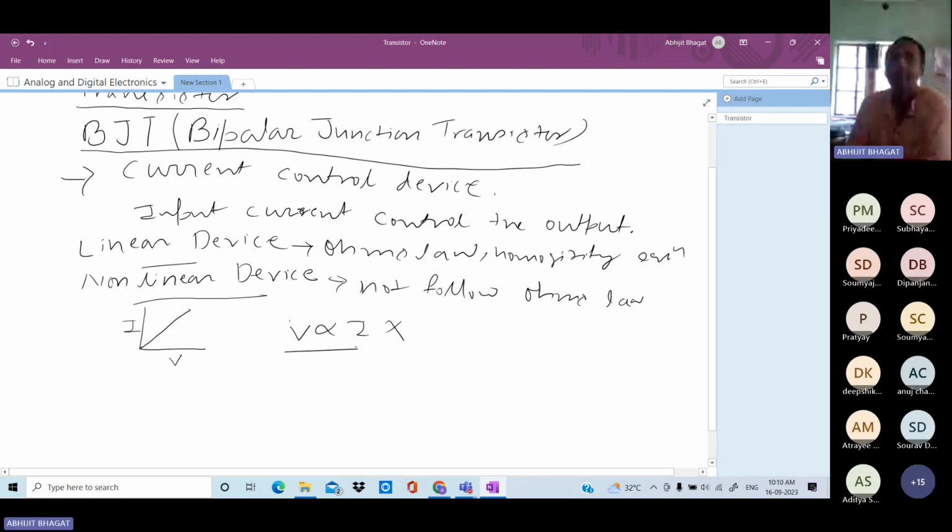Now when V is not proportional to I, that means if the current is increasing, that doesn't mean your V is always increasing. Your V may increase, your V may decrease. Here in case of a non-linear device, if the current is increased, your V may increase, may decrease. Both can happen.